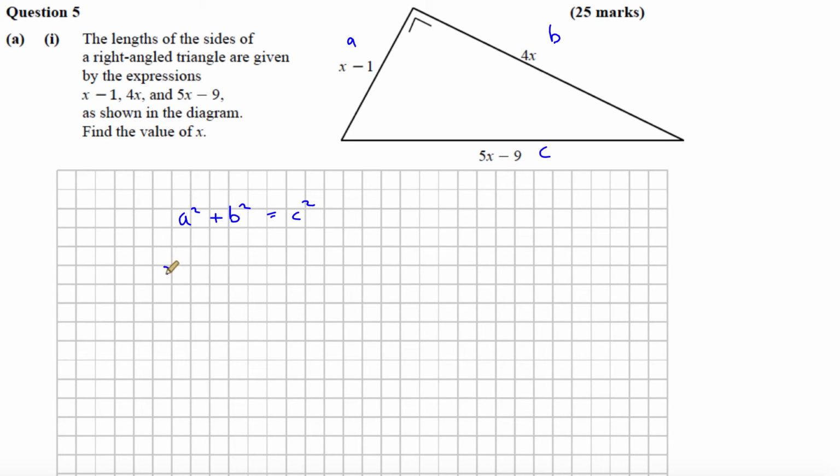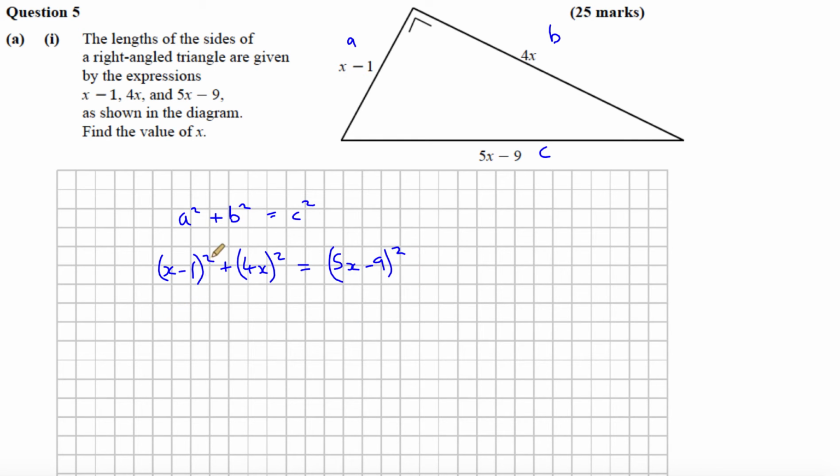A squared, that's x minus 1 squared, the whole thing squared, that's important. Make sure it's in brackets. Plus 4x, again the whole thing in brackets squared, is equal to c squared, which is 5x minus 9 all squared.